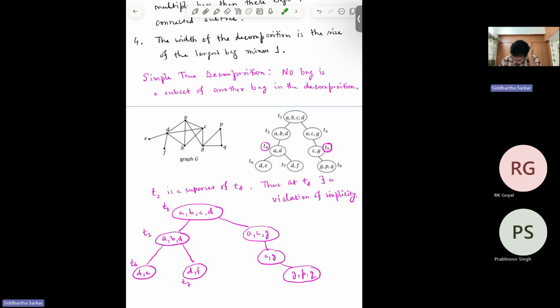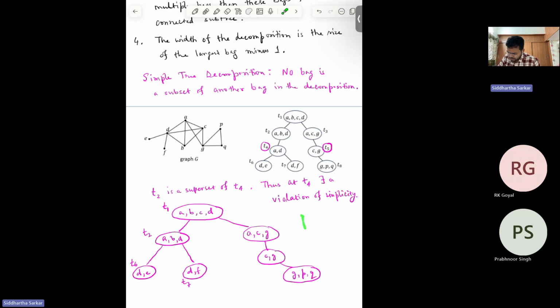So if there was a vertex which is no more in any of the bags, then that vertex wouldn't have been a part of any bag in the original decomposition also, because we have not deleted a bag which contains a vertex uniquely. We have deleted a bag which contains vertices that are contained in other bags also, which we have retained. So the property that every vertex is in some bag is true.